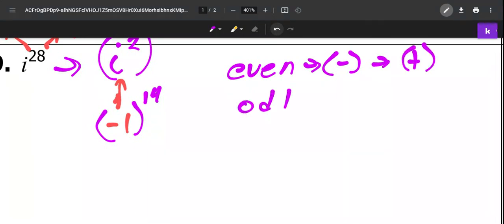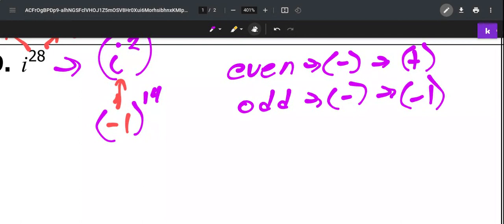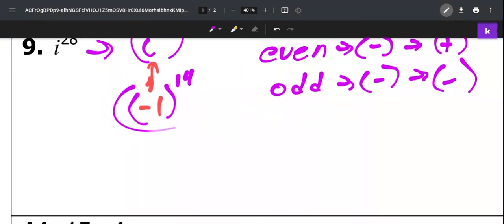Any odd means that the negative stays negative. So, which is not negative 1. I don't know what I'm writing. All right. So now, the negative 1 to the 14th right here just would become positive 1, and that is my answer.